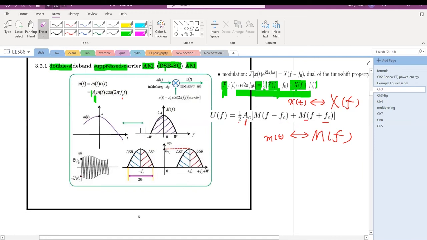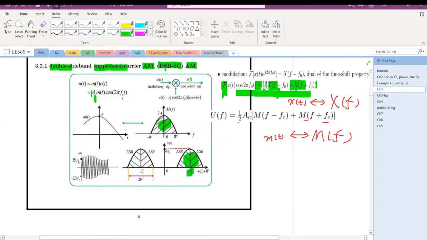Now let's make a hypothetical shape of M(f) here. I just made it up. This is the frequency spectrum for M(f). Here is 2A. I made it up, just for convenience. M(f), you move this to f_c. So this portion moves up to here, that's f_c.